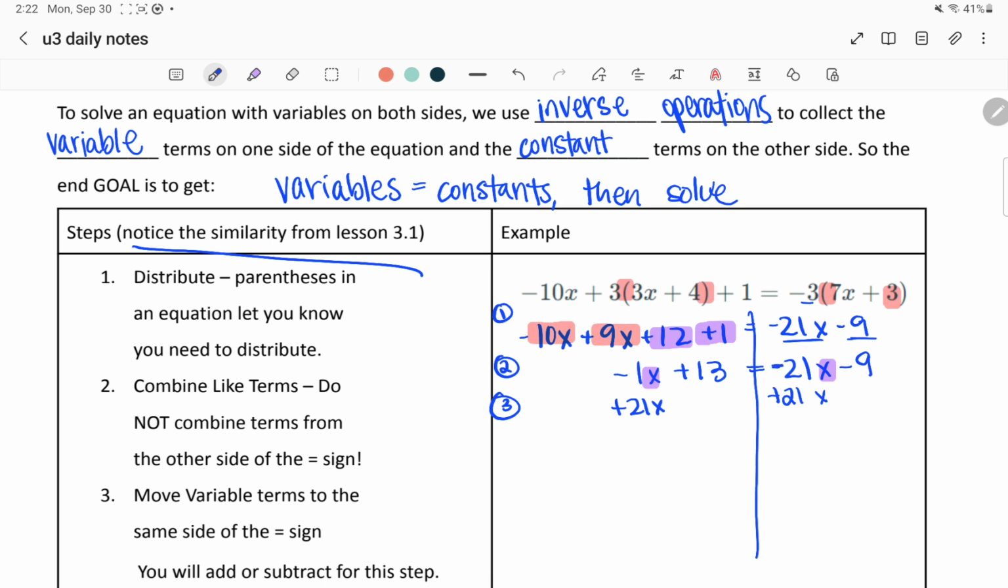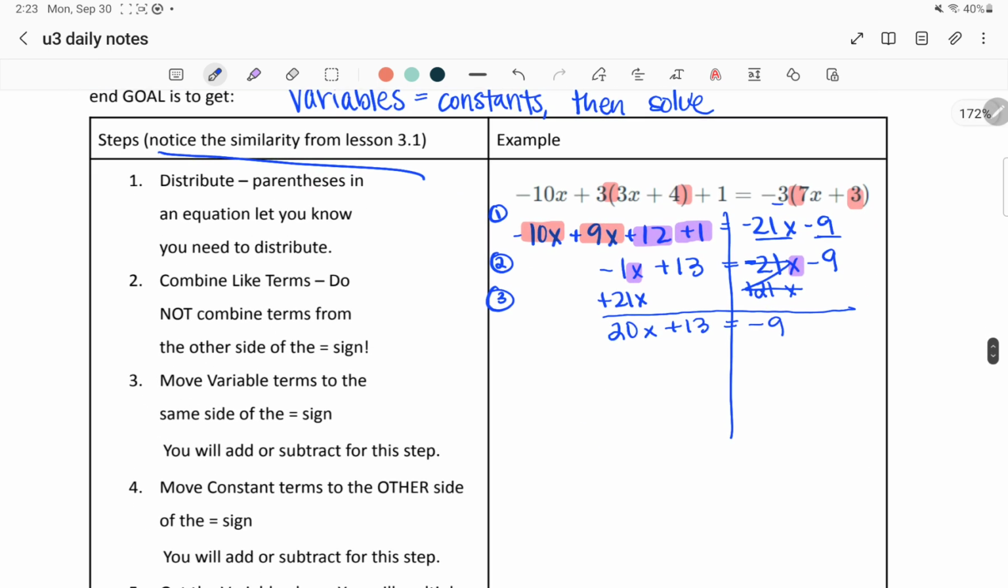I'm doing that because the 21 is negative. That cancels out my 21s on my right side. And over here on the left, I've got 20x plus 13 equals now a lone negative 9. Okay.